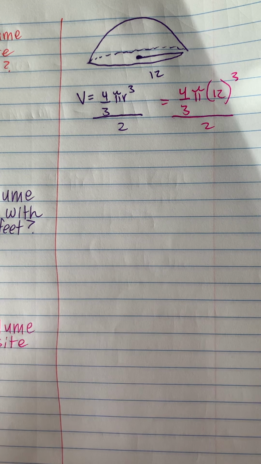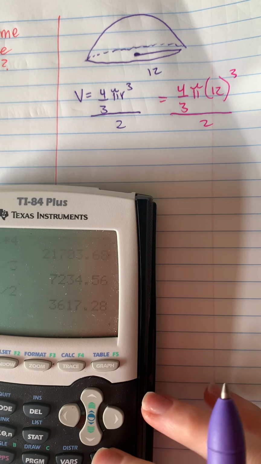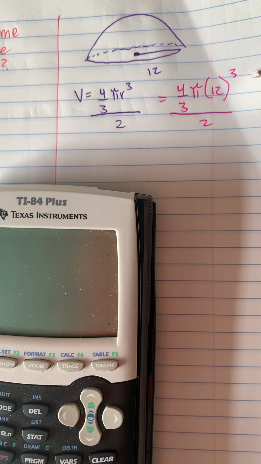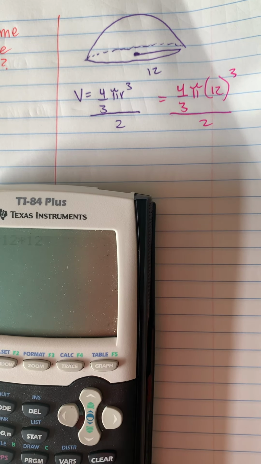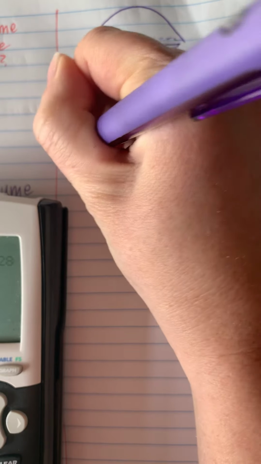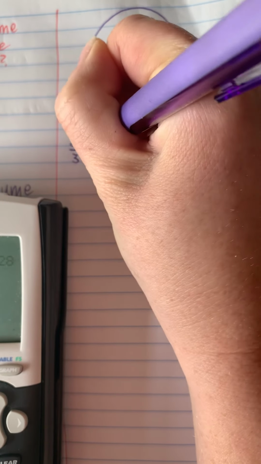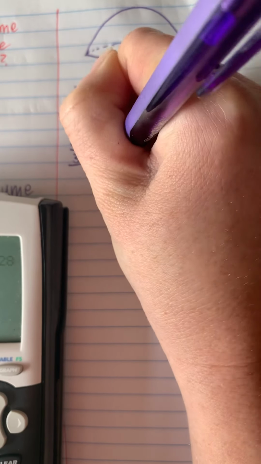So whatever your calculator has, obviously on a test with your calculator online, it might be a little different. So I'm going to multiply 12 times 12 times 12. That's what 12 cubed means. So rewriting that, we get 4/3 pi times 1728, and that whole thing is going to be divided by 2.